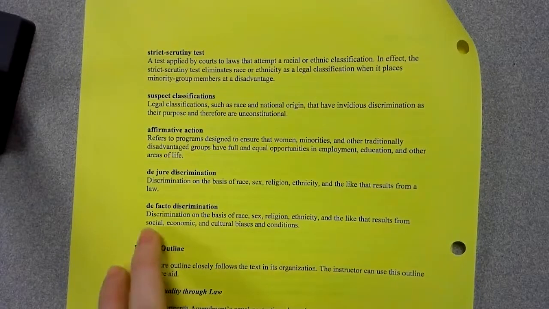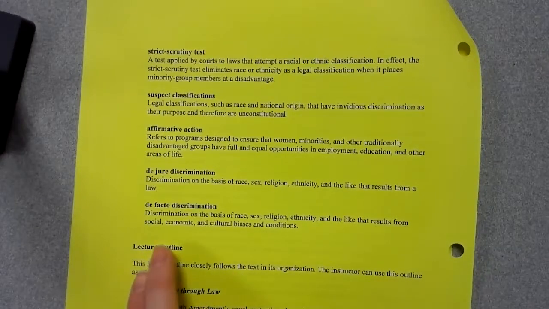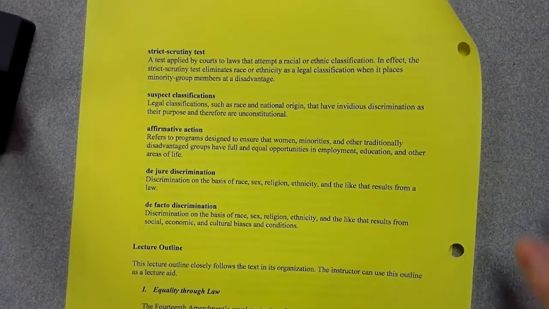And de facto discrimination, discrimination on the basis of race, sex, religion, ethnicity, and the like that results from social, economic, and cultural bias and conditions. Be sure to know the difference in those two things. If you need some examples, Google them, pull them up, look them up on Quizlet. It'll give you a different definition and maybe help you more to understand what is going on there.